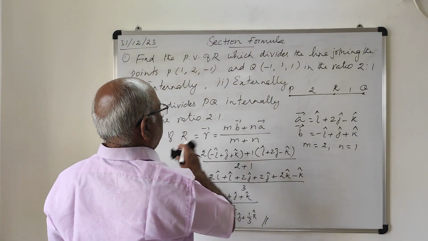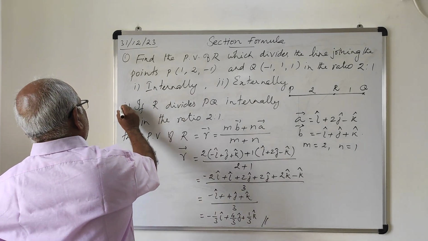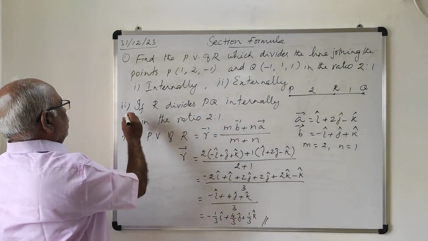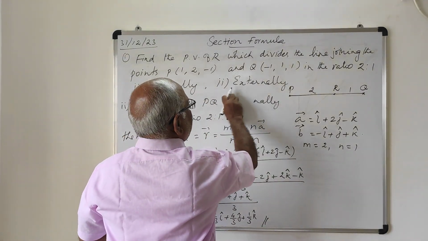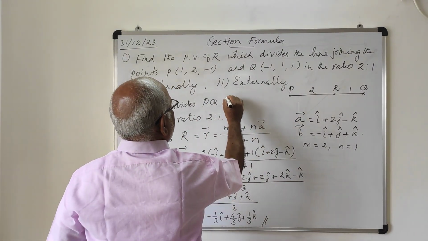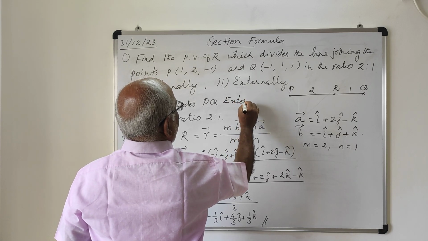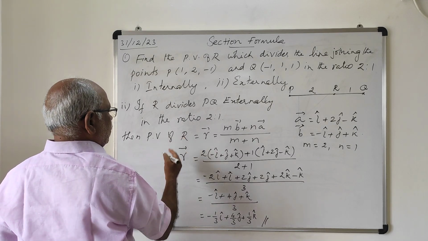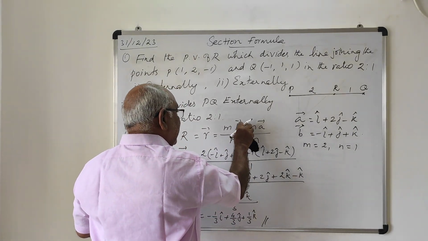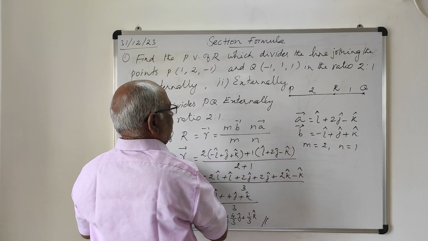This is the first result. Second one: if the point R divides PQ externally in the ratio 2:1, then the position vector of R is (mb minus na) by (m minus n). Just convert the plus sign into minus sign, that's all.